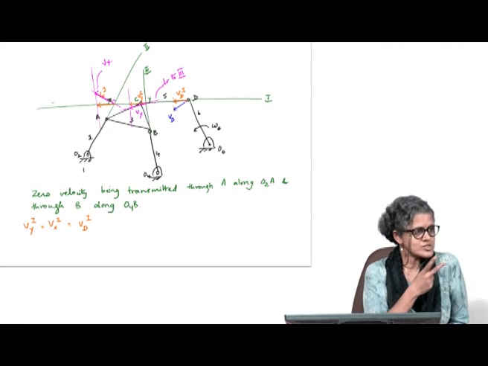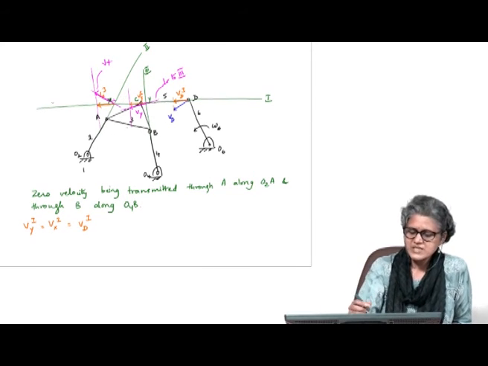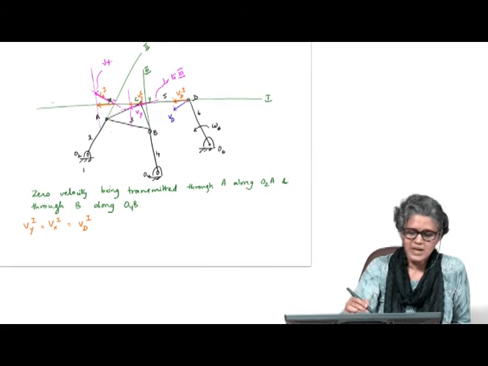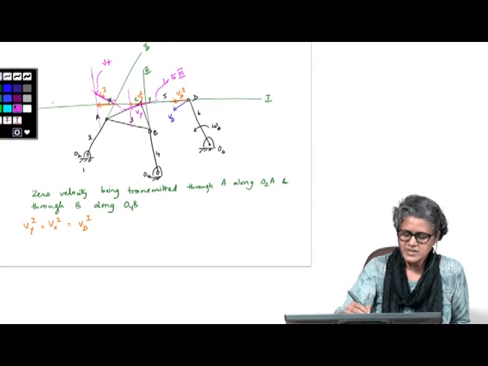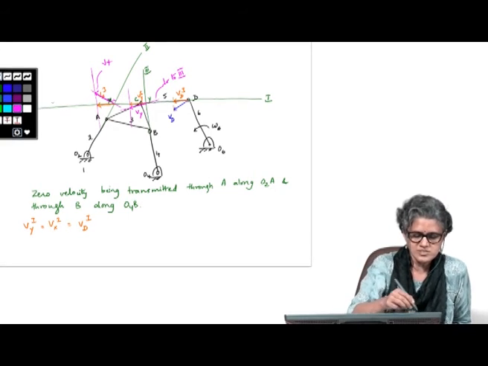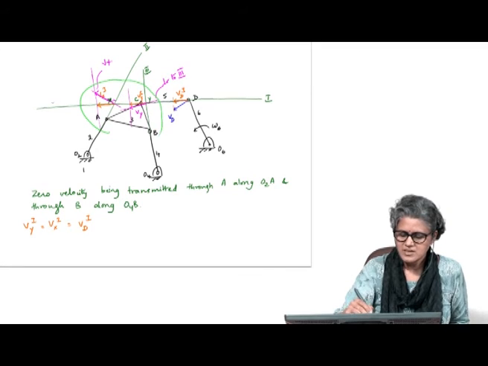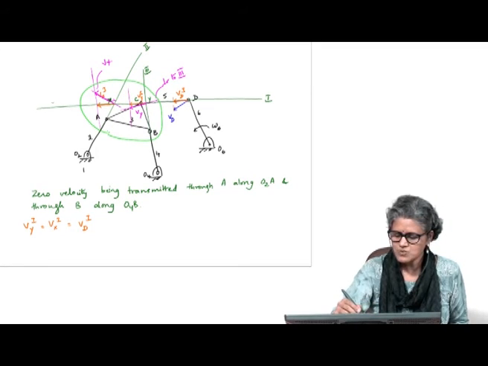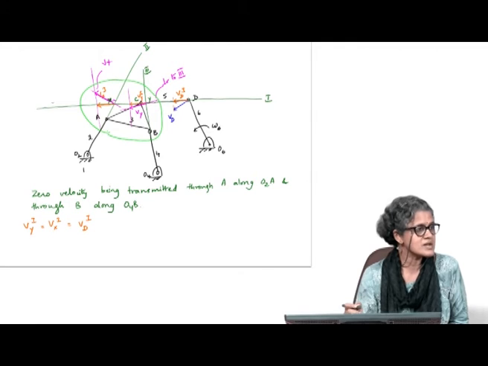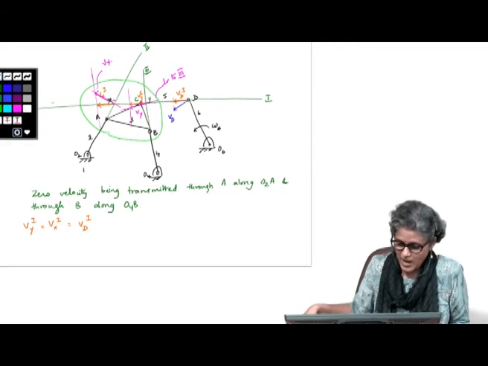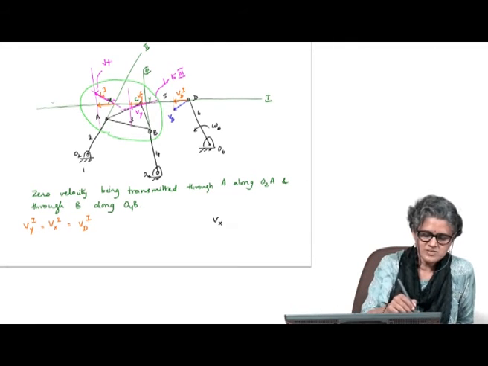When I say this is X and Y, I am doing the analysis on the basis that X and Y are included in this ternary link.